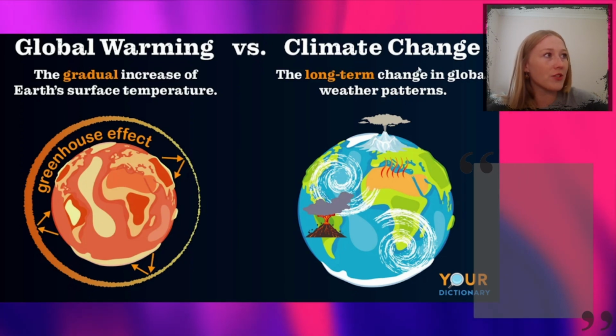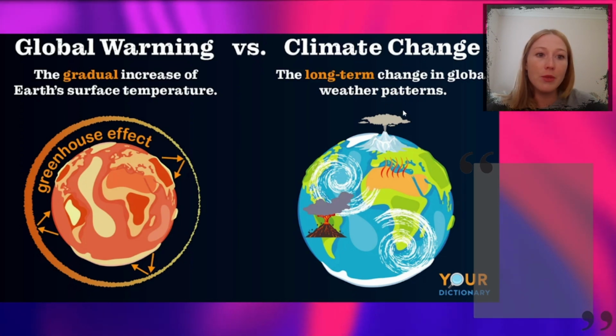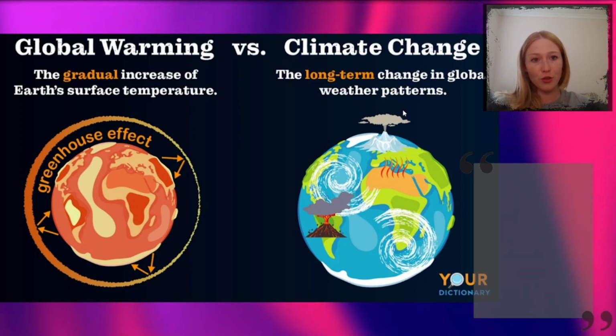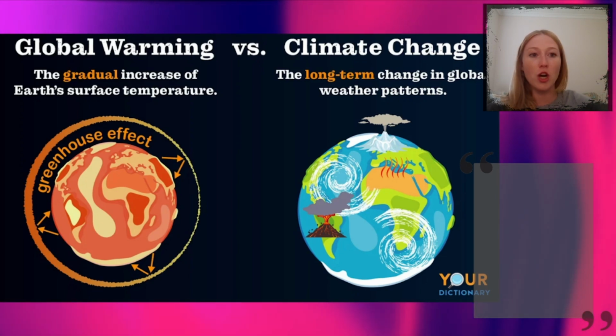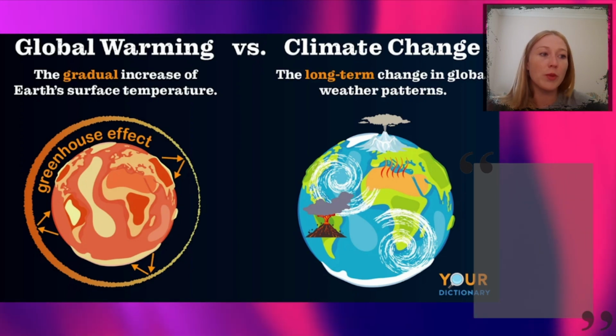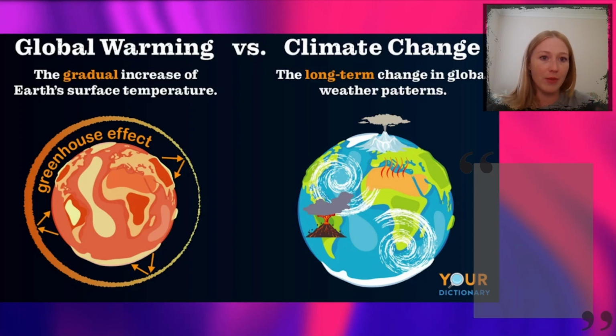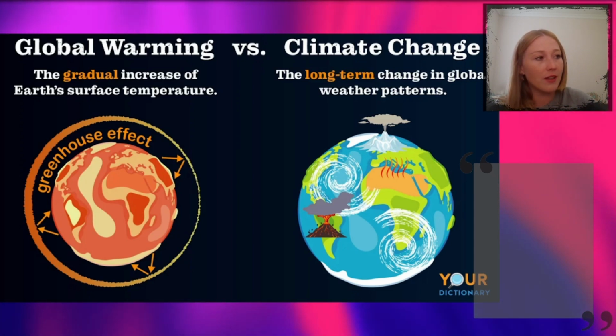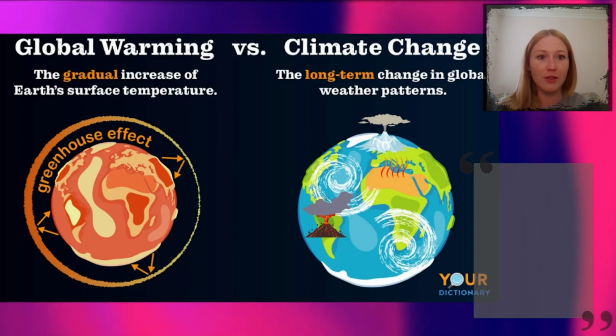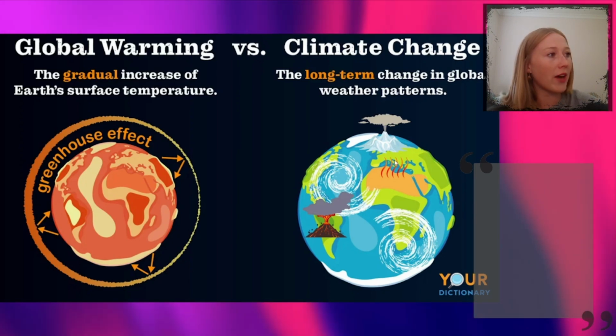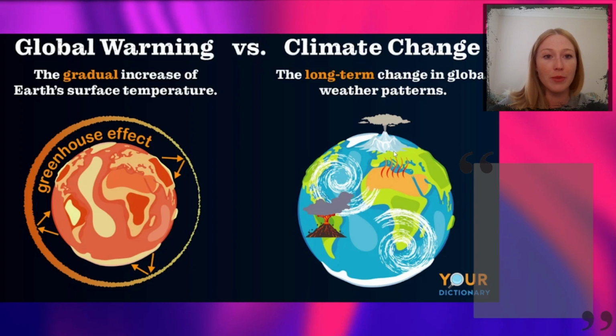That is when we get to climate change. Climate change is the long-term knock-on effect of global warming. As things become more extreme and more out of balance with this excess energy that's just making everything exaggerated, we are having more extreme phenomena.